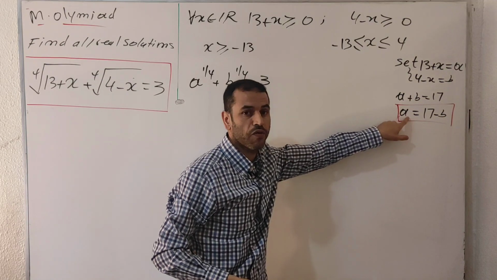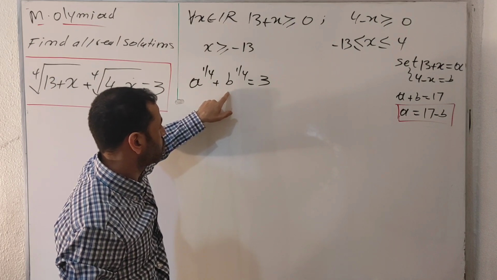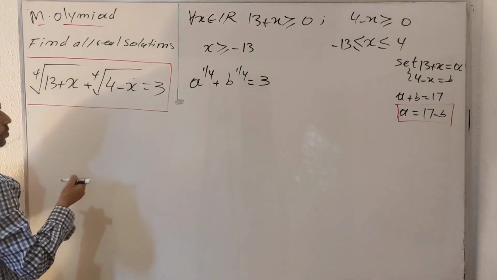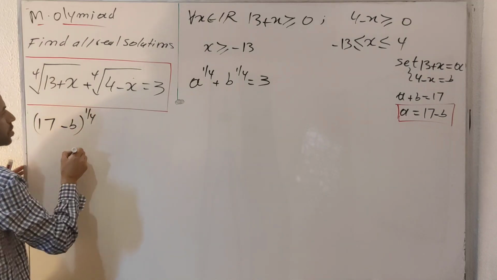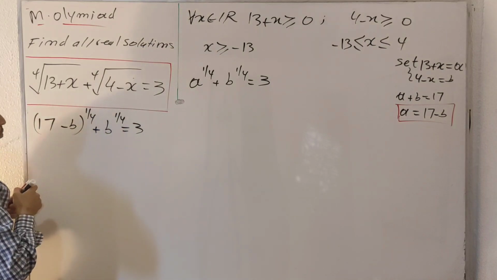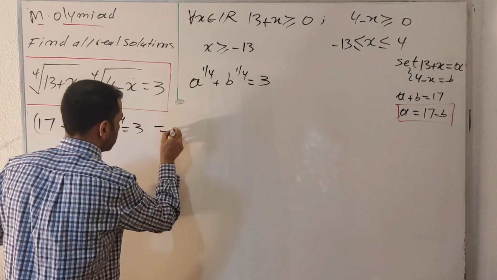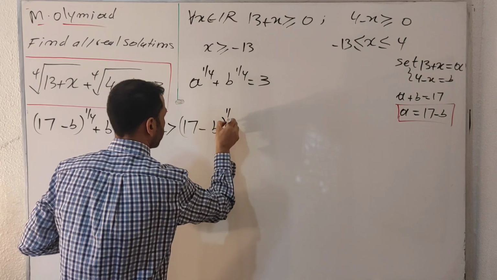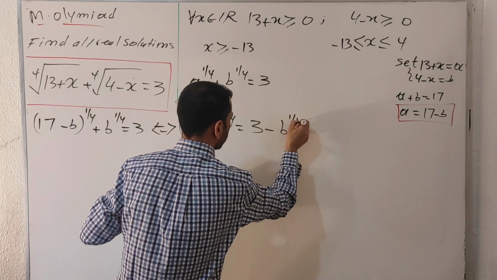I'm going to take this value of a and insert it into this equation to make the equation in terms of b. So I will have the following expression: 17 minus b to the 1 over 4 as an exponent plus b to the 1 over 4 equals 3. Then I'm going to move this term to the right. I will get 17 minus b to the 1 over 4 equals 3 minus b to the 1 over 4.